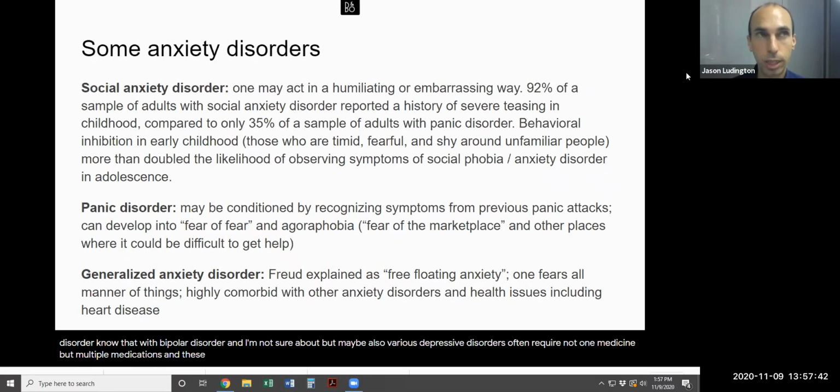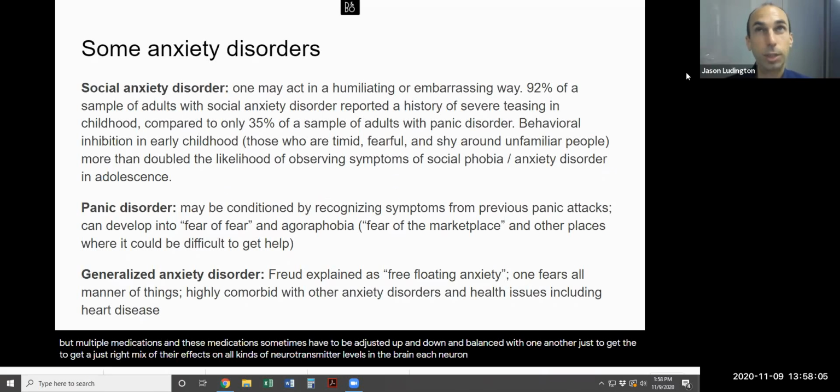And these medications sometimes have to be adjusted up and down and balanced with one another just to get a just right mix of their effects on all kinds of neurotransmitter levels in the brain.